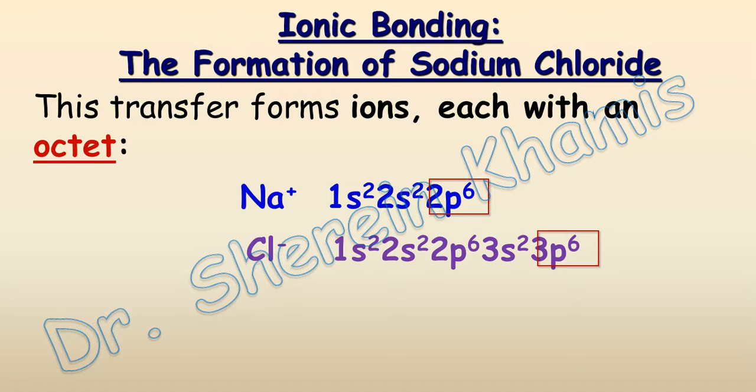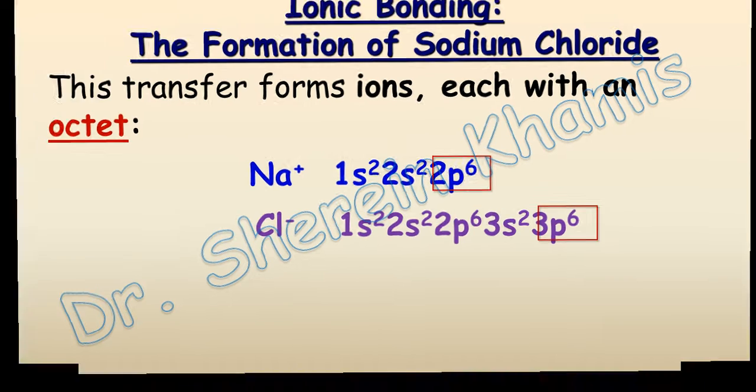So we have here the octet state for each element by losing or by gaining. The ions here mean that we reach the octet state of the atom by forming the ion, after gaining and losing of electrons.